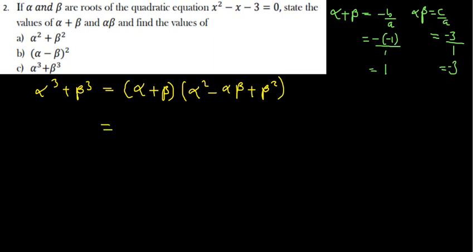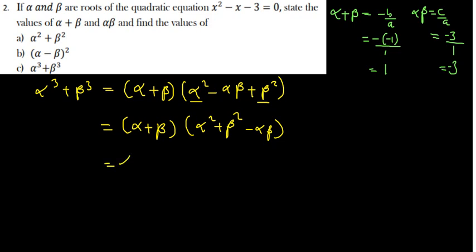And so this is going to be alpha plus beta. Now we are going to pair the alpha squared and the beta squared, and then we are going to write the minus alpha beta. So this gives us alpha plus beta, and we know the identity to use when we have got alpha squared plus beta squared.